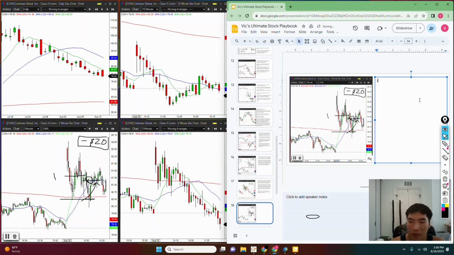Alright. Takeaways. Make sure the risk to reward going into any support or resistance is ideal, at least 1-to-1.